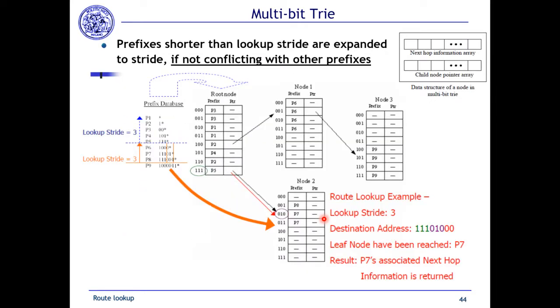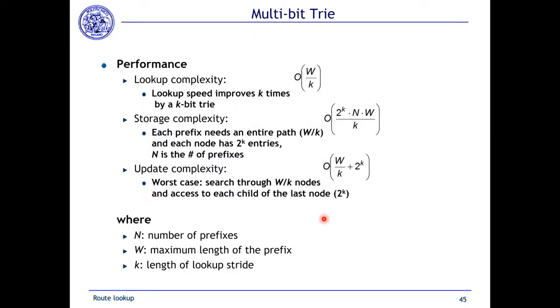So what is the complexity of this method? The lookup complexity is obviously W divided by k, where k is the stride, because each time you look into a node, the complexity is the same as the complete binary tree complexity, which is O(1).